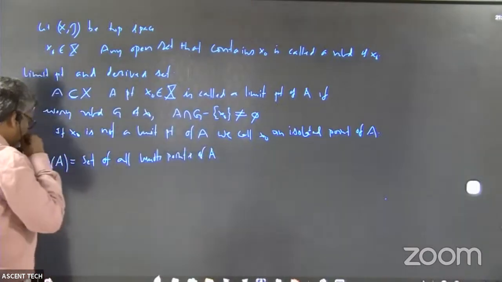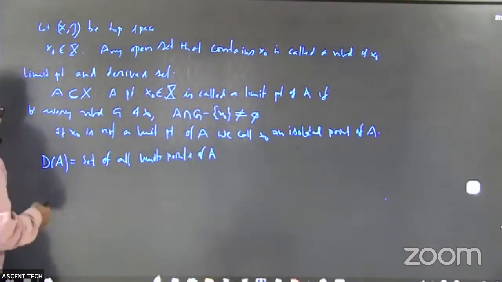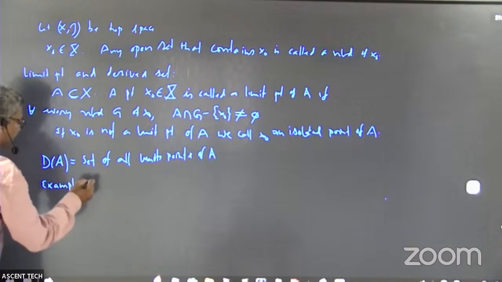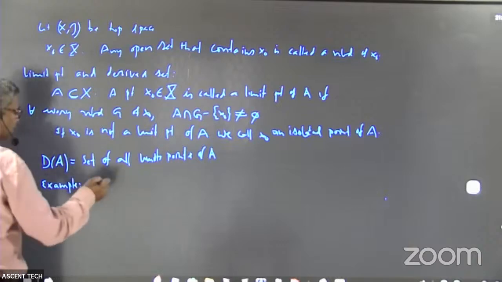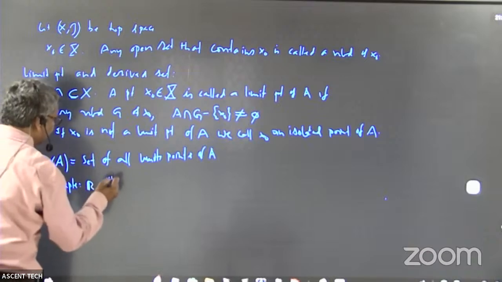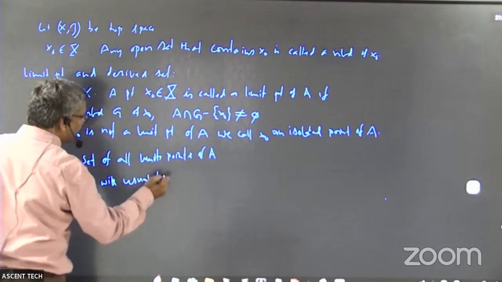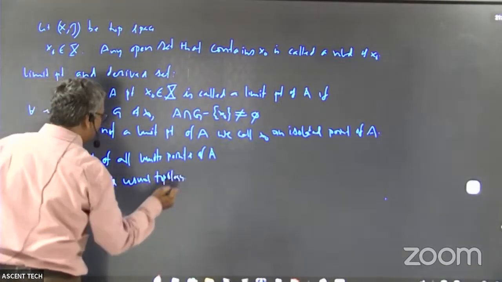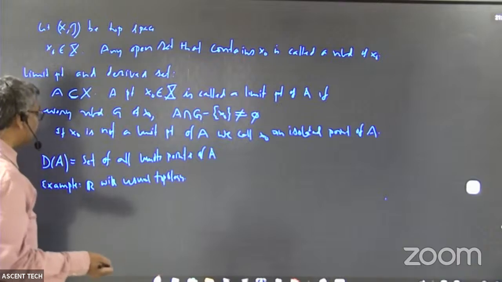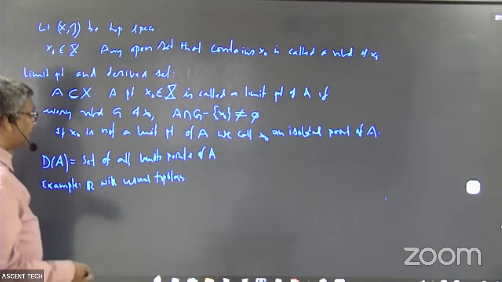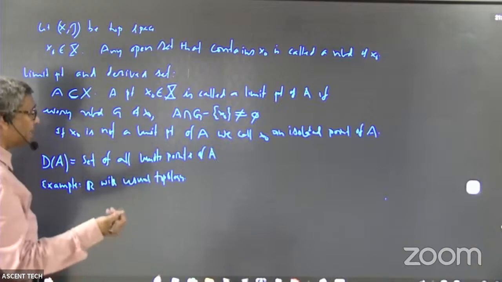Okay, we'll take some examples to make you comfortable. Let's talk about R with the usual topology. So what is the usual topology? The metric is there. The metric gives you open sets. In the real line, open intervals are open sets.